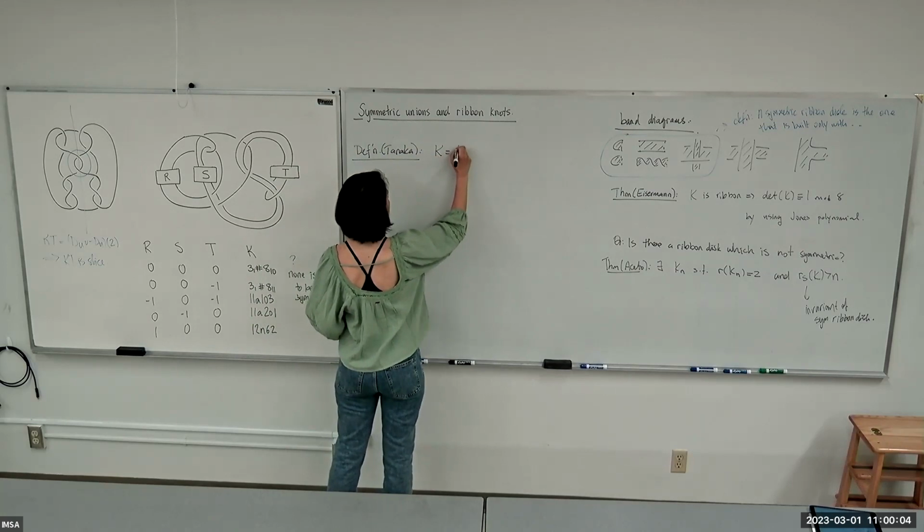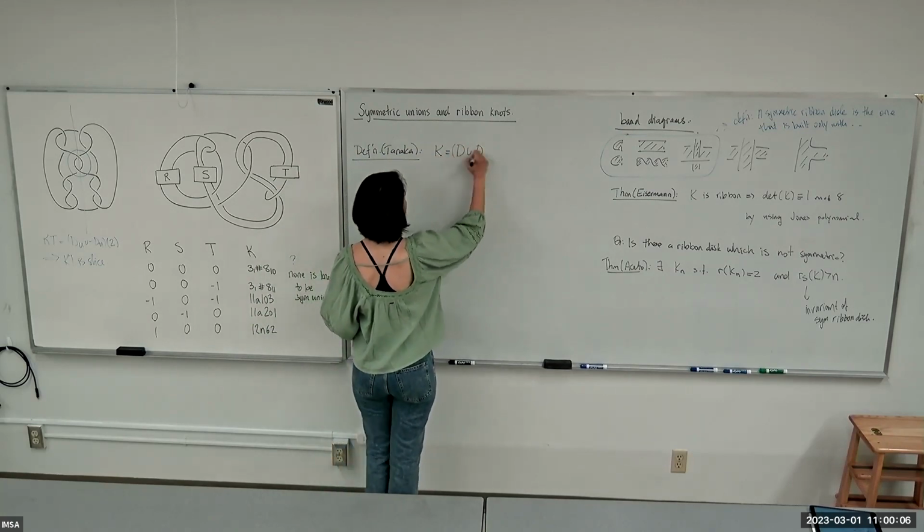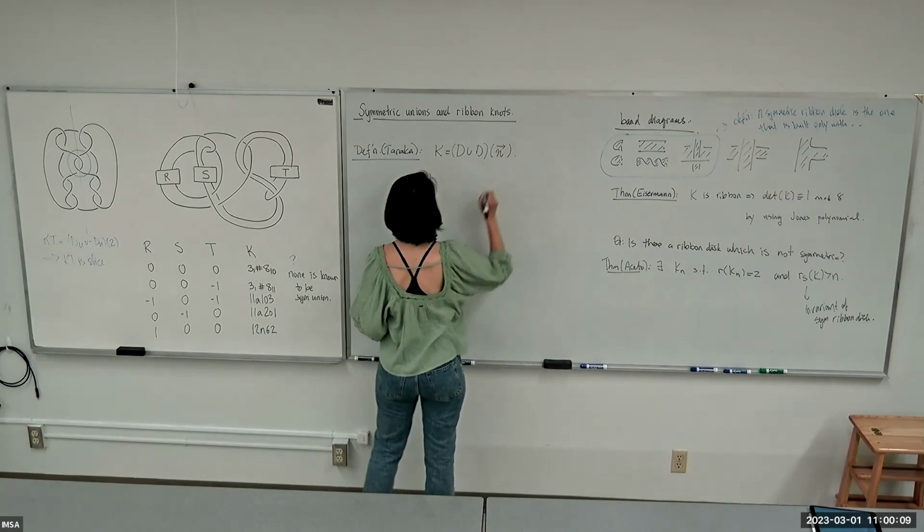Let's say K is a symmetric union with some twists.